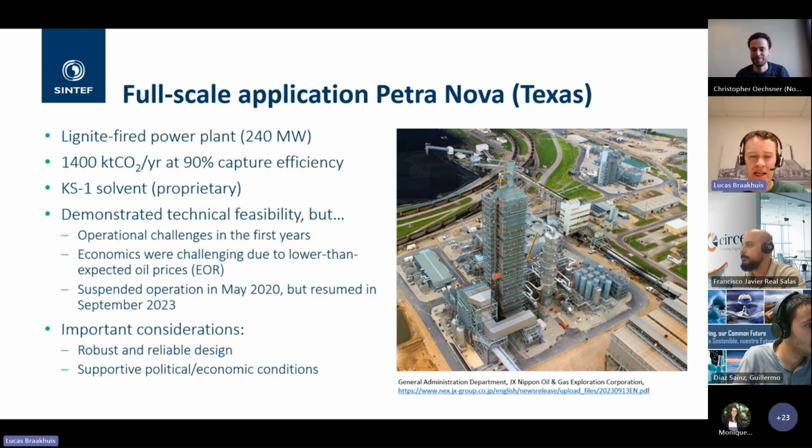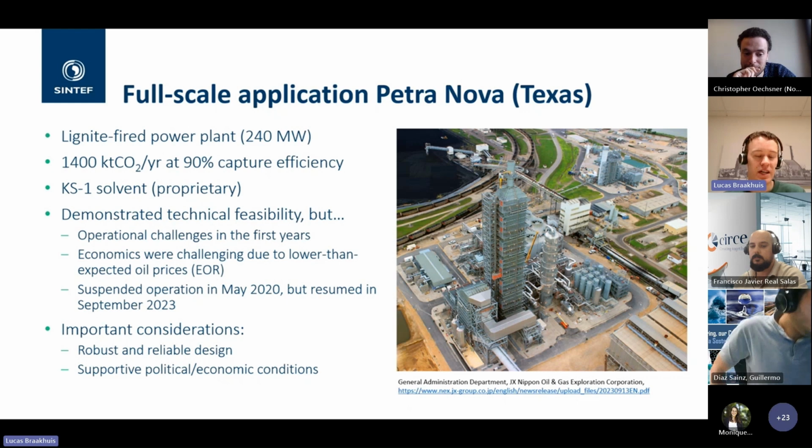So this plant is located at the lignite-fired power plant, and it captures around 1,400 kilotons of CO2 per year, where it removes 90% of the CO2 from the flue gas. In this process, they use a proprietary solvent, which is the KS-1 solvent by Mitsubishi.